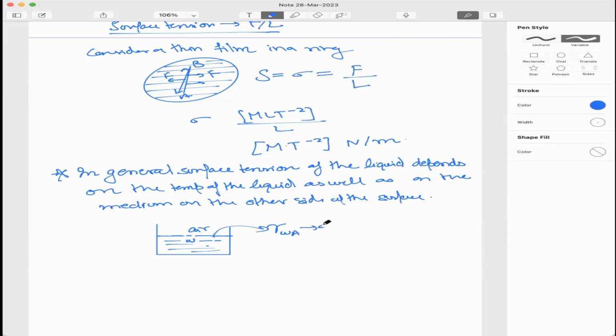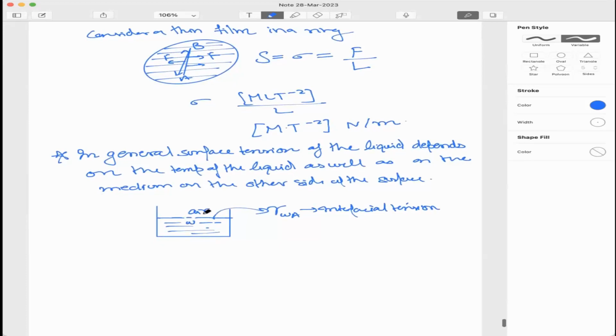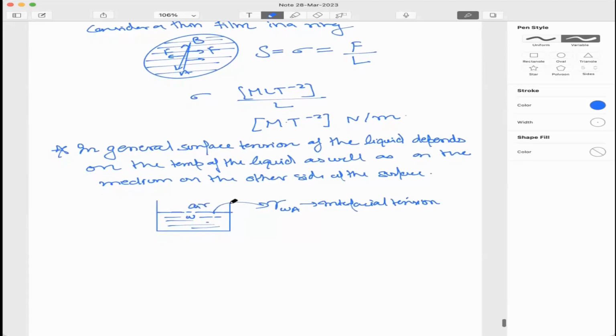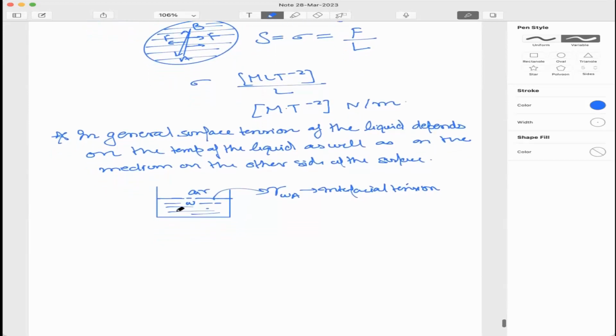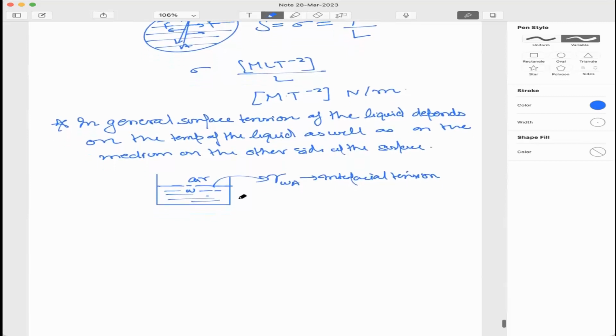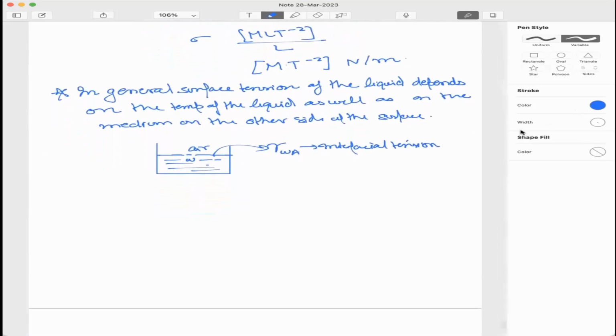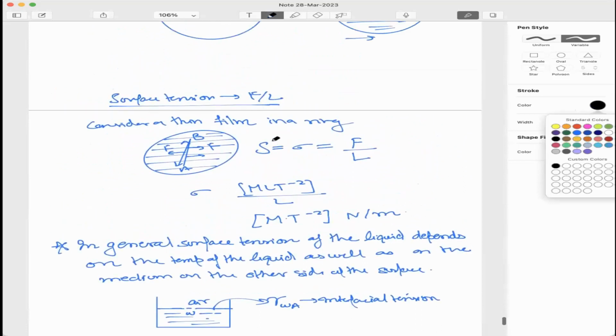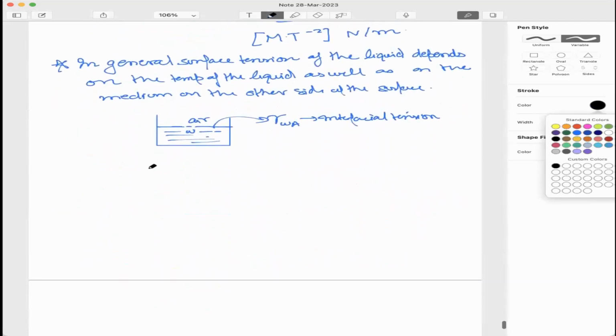So that is the interfacial tension. That's why we call this tension dependent upon the medium on the other side of the interface.